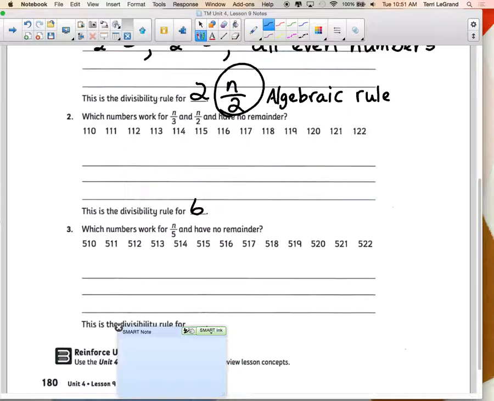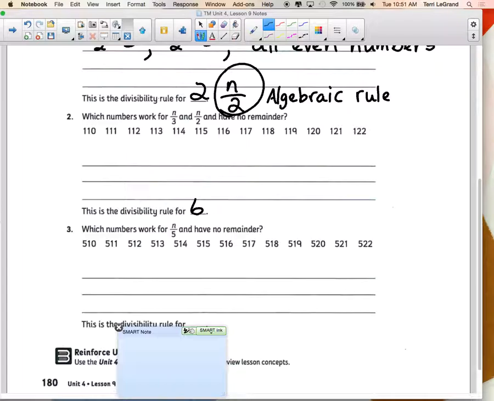Any of those numbers we can cross out? Sammy? 115. Why 115? It's not divisible by 2 or 3.